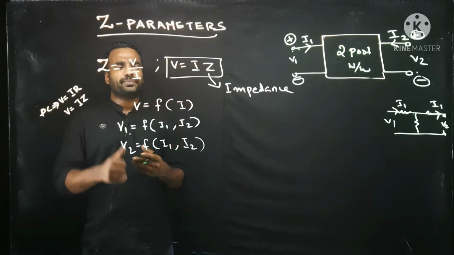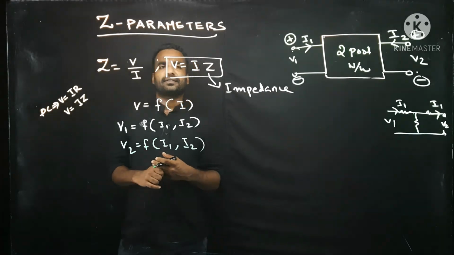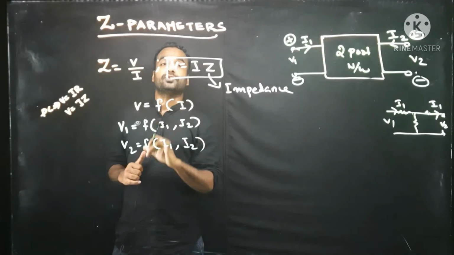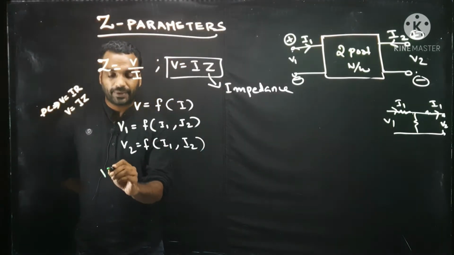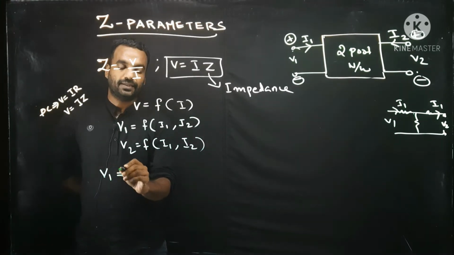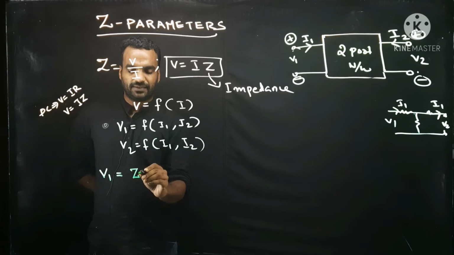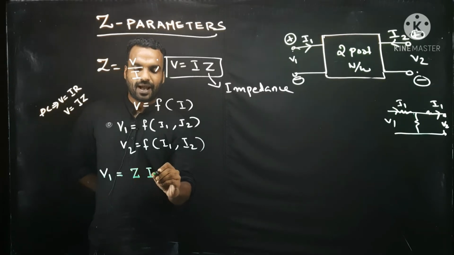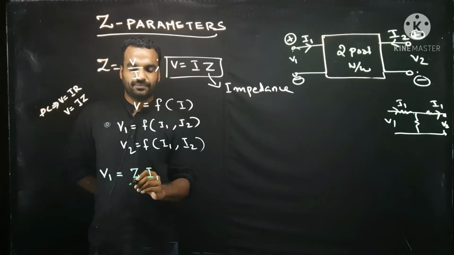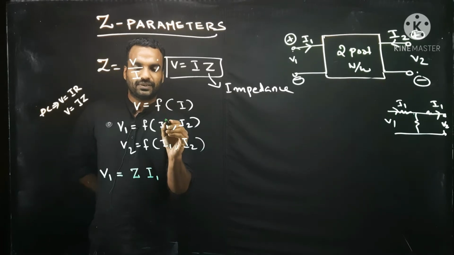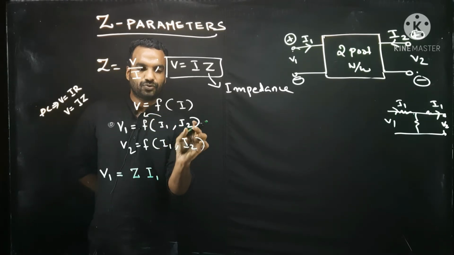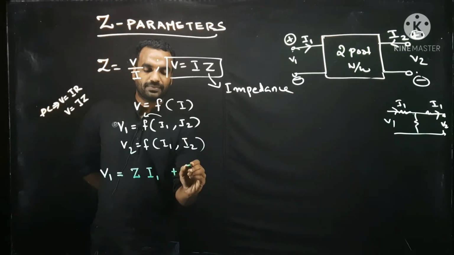So what is the relation between voltage and current? We can relate voltage and current in terms of impedance. So let me write V1 is equal to some Z into I1, plus some Z into I2.